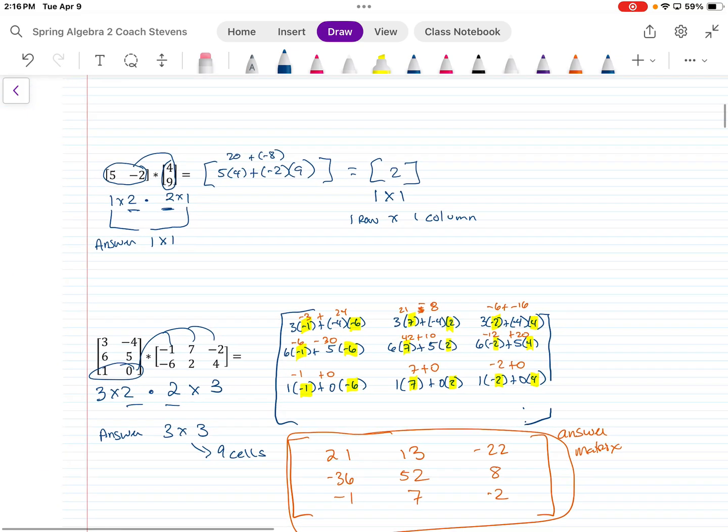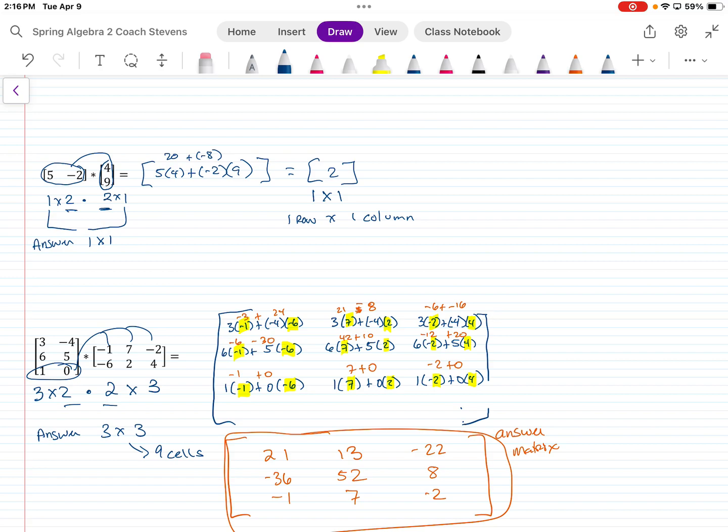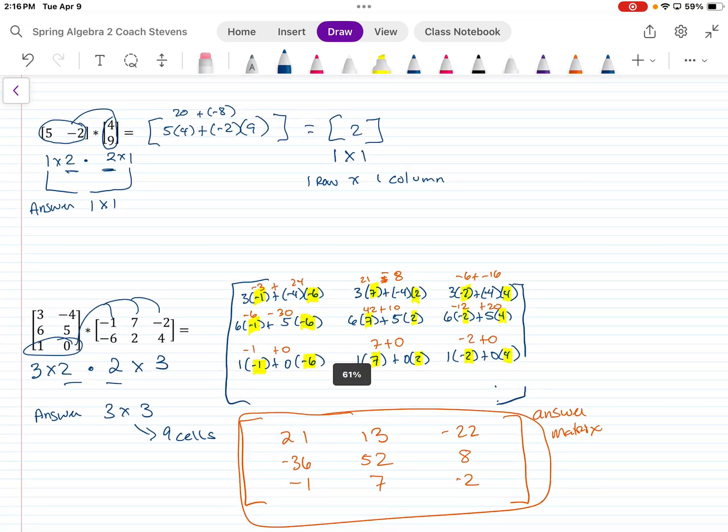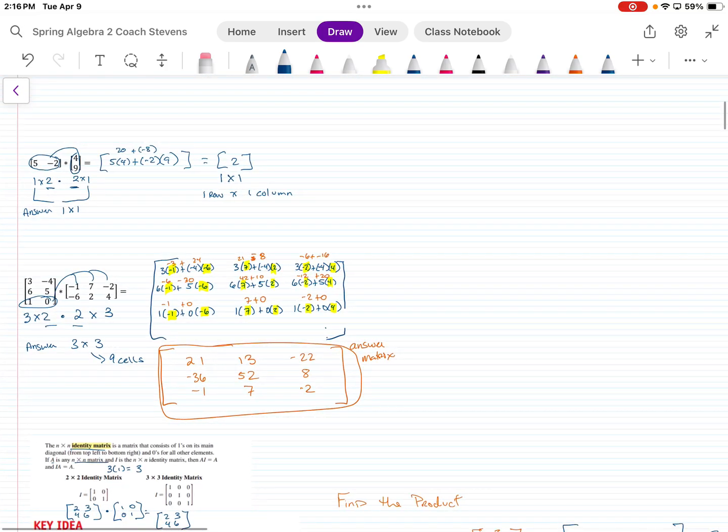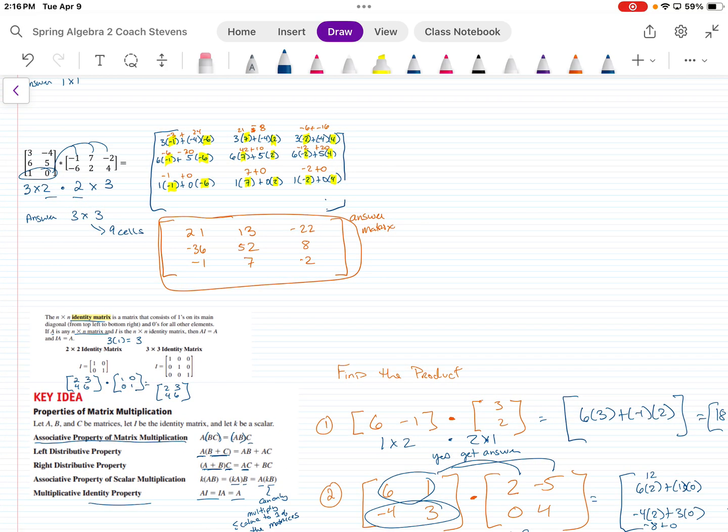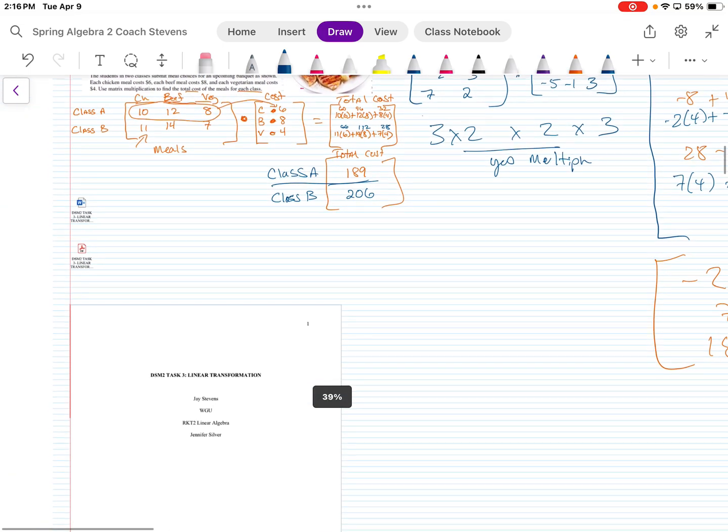The only time multiplication would be okay is if you're doing a 2 by 2 times a 2 by 2 or a 3 by 3 times a 3 by 3, because no matter which order I put them, I'm still going to have the 3 by 3s and the 2 by 2s. So that's just some things to keep in mind. Let's make sure we got everything there. Perfect.